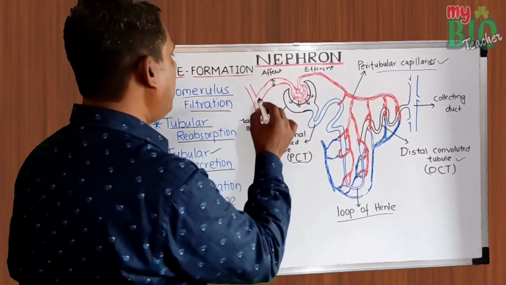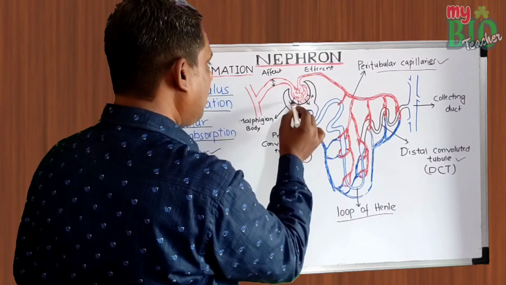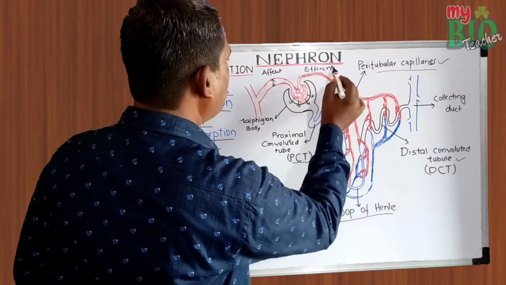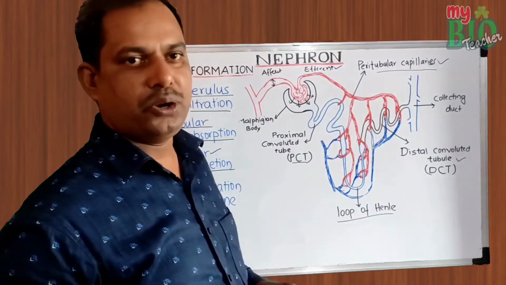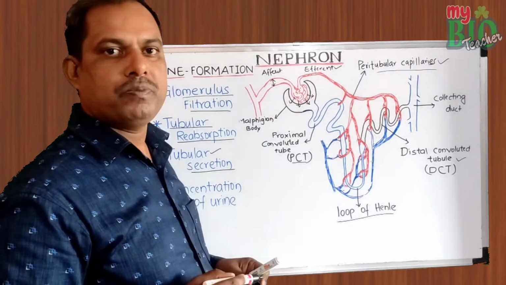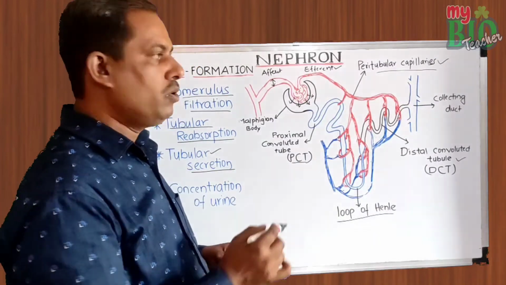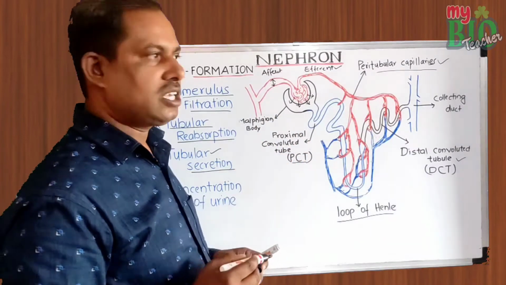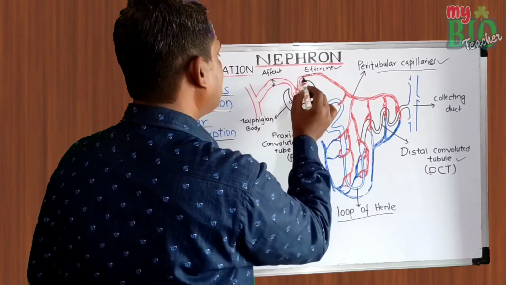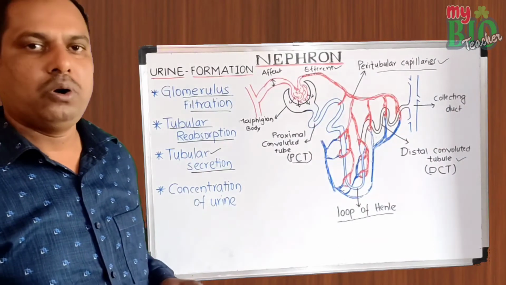When the blood flows in through the afferent arteriole, the filtration occurs here, and next the blood comes out through the efferent arteriole. Here the maximum purification occurs. Even so, some of the waste materials escape and pass through the efferent arteriole.